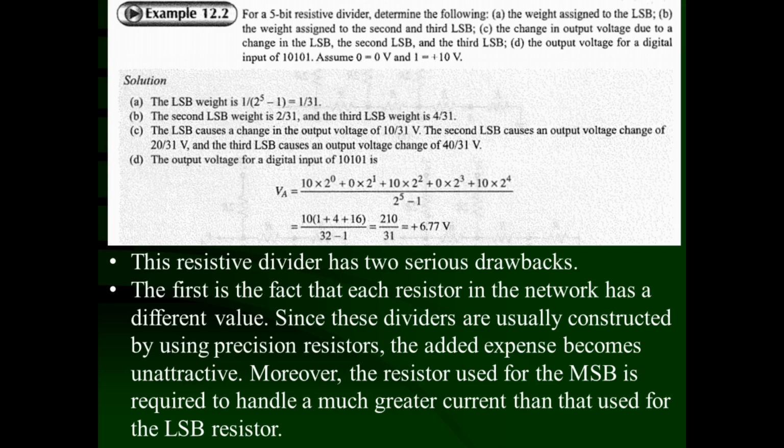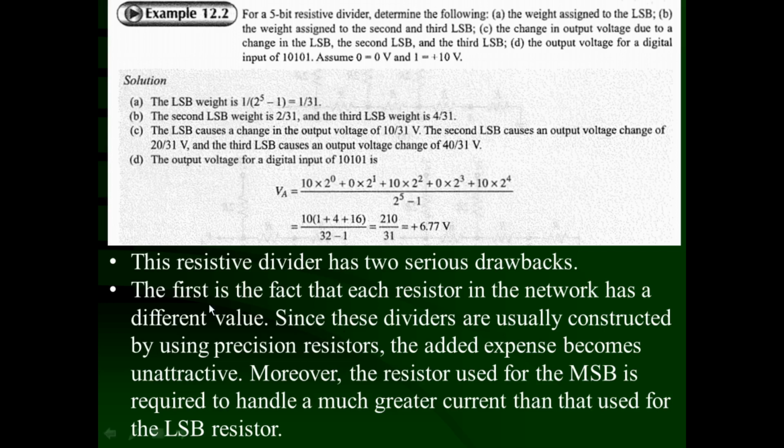The resistance decreases, and hence in each branch the amount of current increases in a binary fashion. So the current handled by the MSB is very large compared to the current handled by the LSB. This is the most dangerous thing in any network.